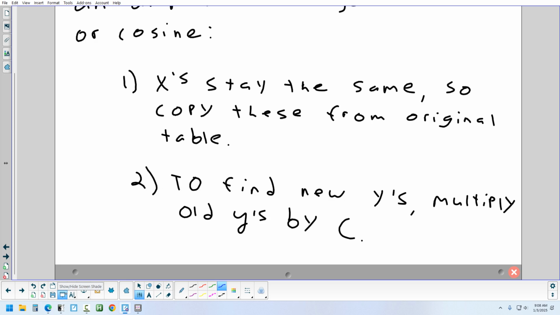So if c is a negative, use the negative. So essentially with amplitude changes, I guess we are kind of doing two at the same time. We can do a flip with an amplitude change. But we can still handle that all in one step. Just multiply the old y values by the number in front, and it handles both at the same time.